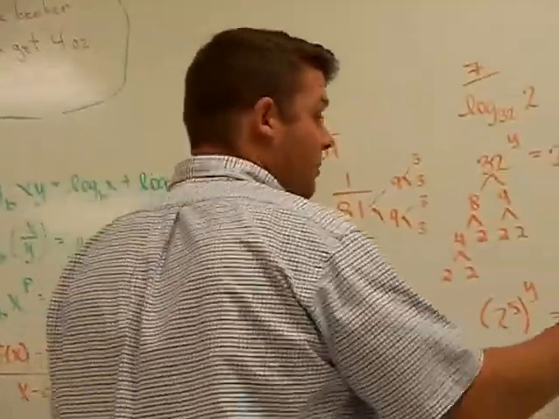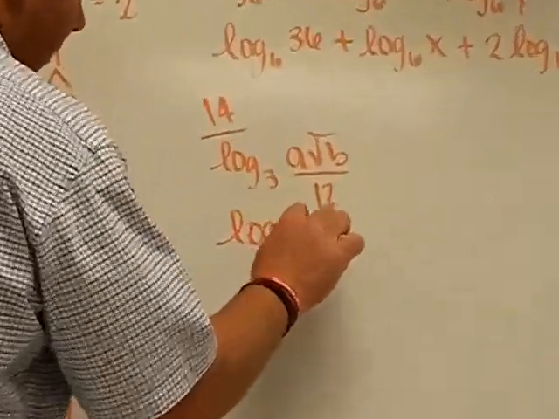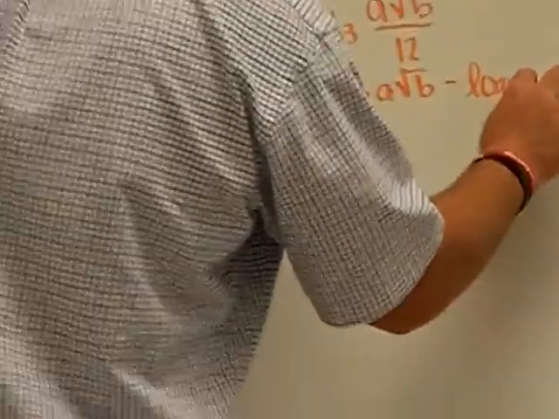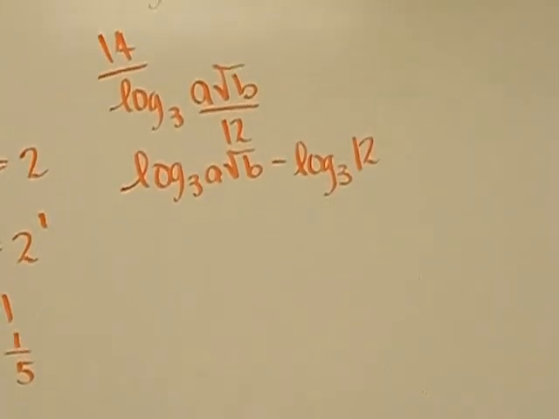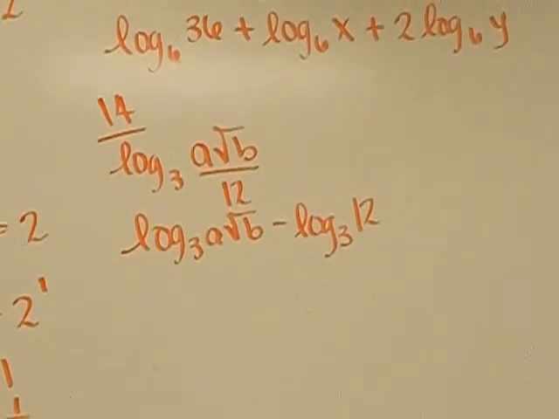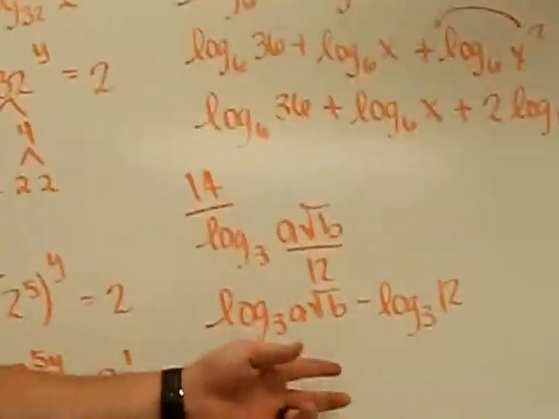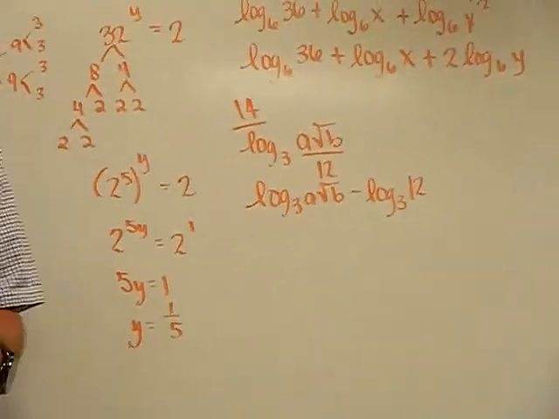We know we've got a quotient because we're dividing, correct? So we have the log base 3 of our numerator, which is a square root of b, minus log base 3 of the denominator, which is 12. All right, log base 3 of 12 is done. There's nothing else I can do to that one, correct? But I have two terms that are being multiplied together, right? Now, one of my terms has a radical. Let's take that radical and make it a rational exponent.